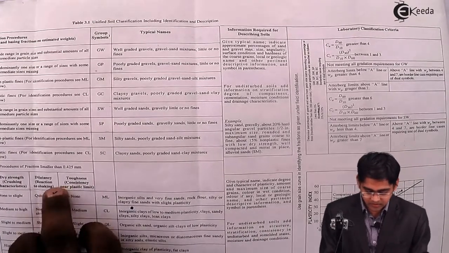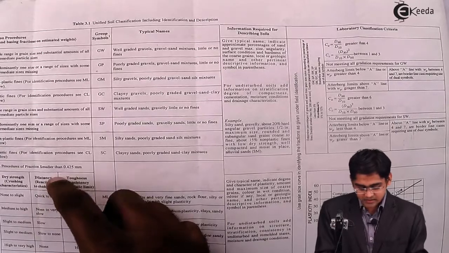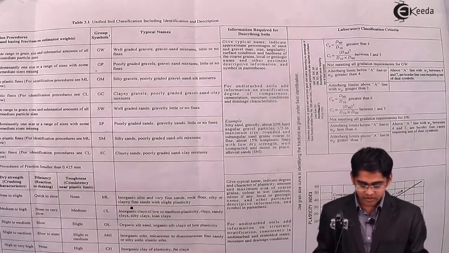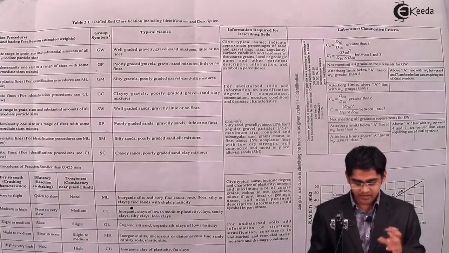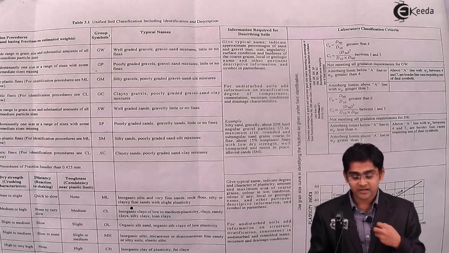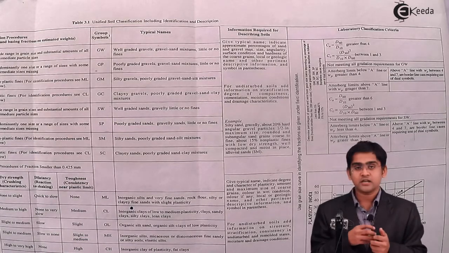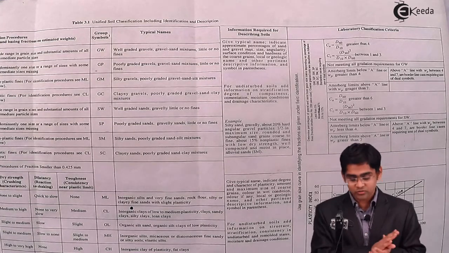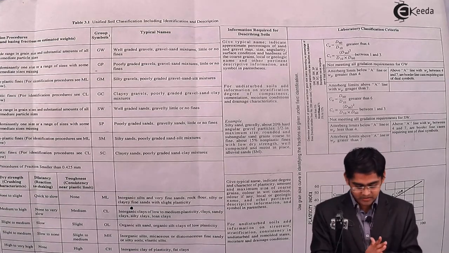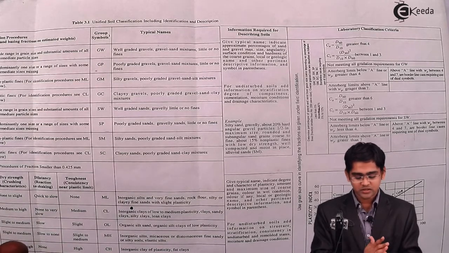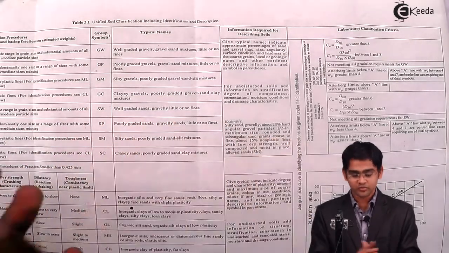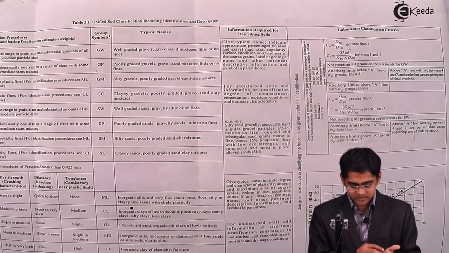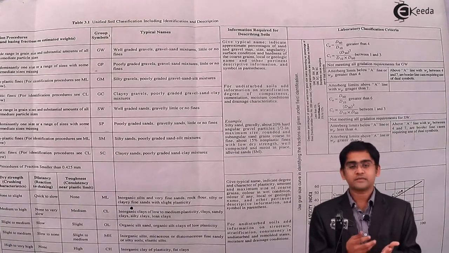I'll tell you first of all about this dilatancy test. For this test, you need to have a lump of fine grained soil, add some water to it, and squeeze it between the palms. When you squeeze it, press, and then remove the load, you see the rate of dissipation of the water.